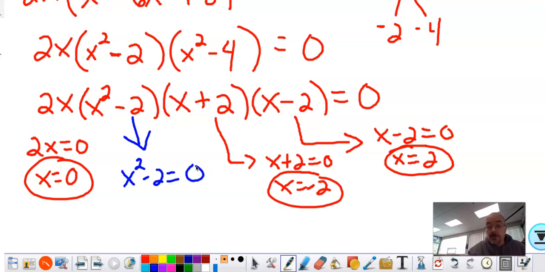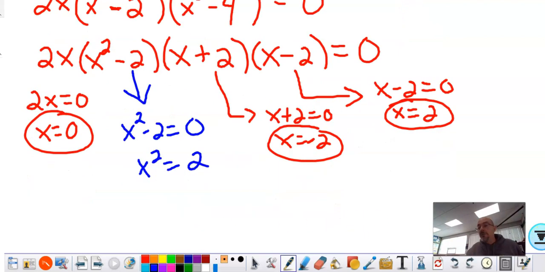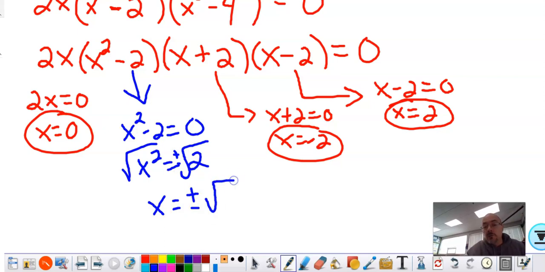Add 2 to both sides. X squared equals 2. Taking all of the stuff we've been doing, folks, and bringing it together. Solve that. Take the square root of both sides. Make sure you put a plus and minus in front of that. So x equals positive, negative square root of 2.